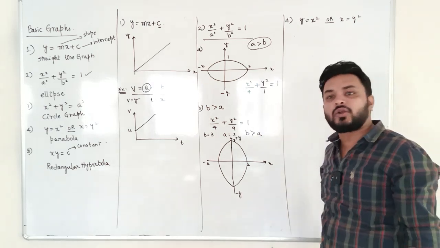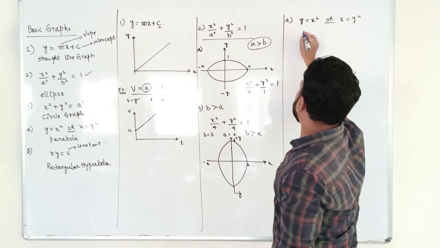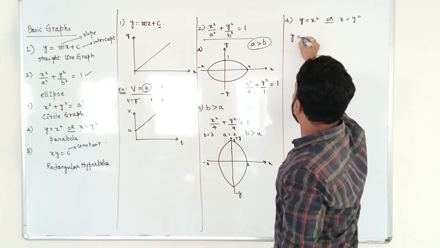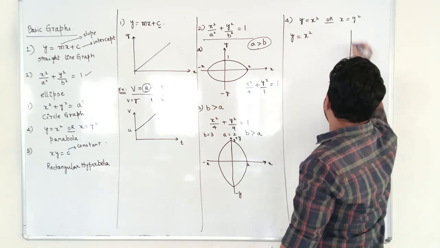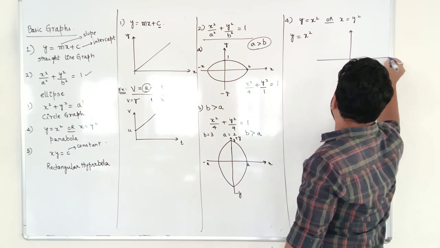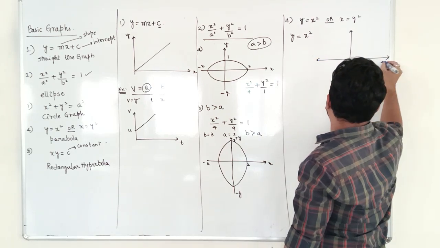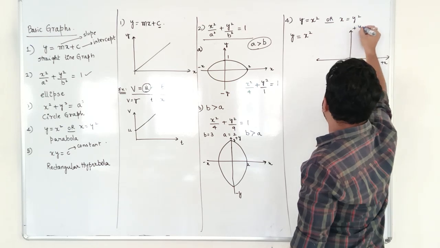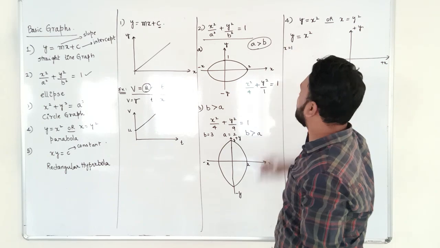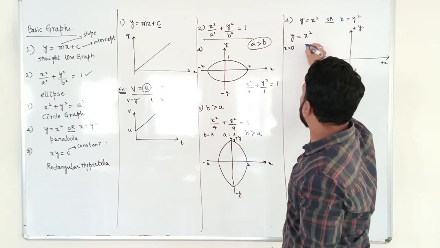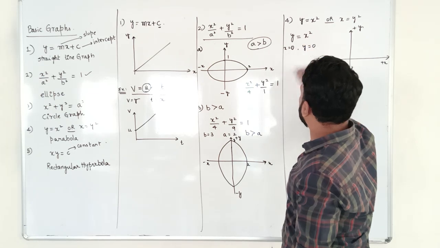How exactly are we drawing the parabola? See here. Suppose y equal to x square. Let's say we are taking y equal to x square. If I take the graph of y equal to x square, right? This is the x axis, this is the y axis, right? Suppose if x equal to 0, y is also 0, no?